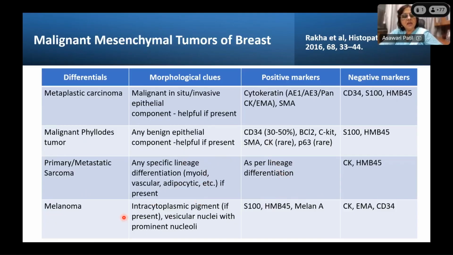Melanoma, although rare, may show some pigment, and if everything is coming negative, we do throw some melanoma markers, S100, HMB45. This would be helpful to rule out melanoma, even if it is melanotic. Is that clear to all of you?